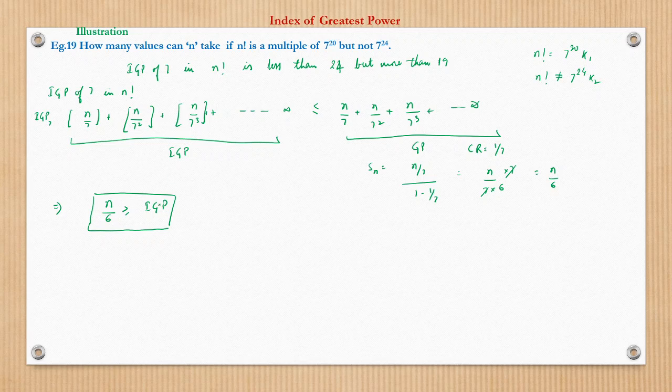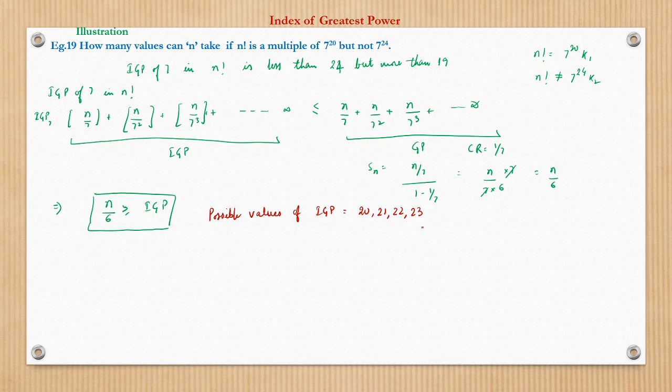So now see, what are the possible values of IGP? Possible values of IGP are nothing but 20, 21, 22, or 23.